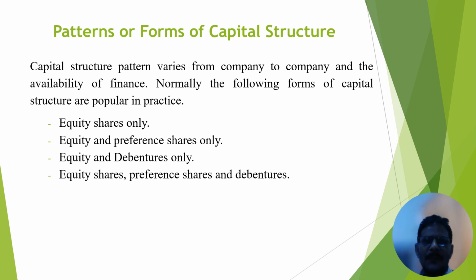Equity share and preference share: it means in capital structure we have two sources, equity share and preference share, for arranging finance. The next one is equity share and debenture only. We have in a particular business arrangement of finance through equity share and debenture. Then the last one: in our capital structure or capital mix we have equity share, preference share and debenture. These are the different patterns for arrangement of finance.